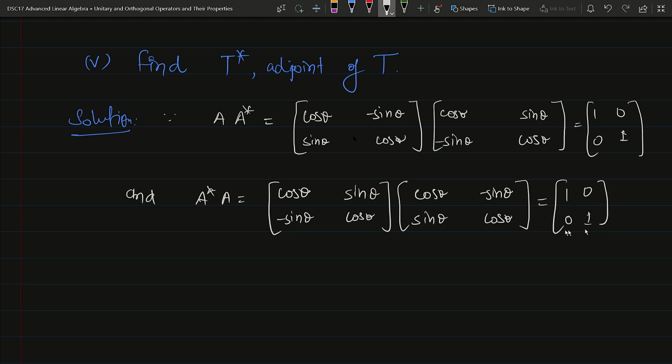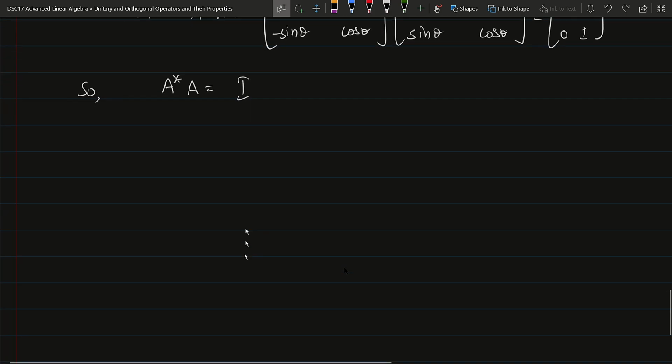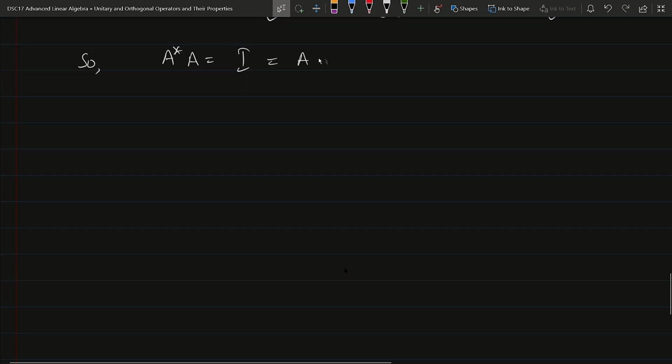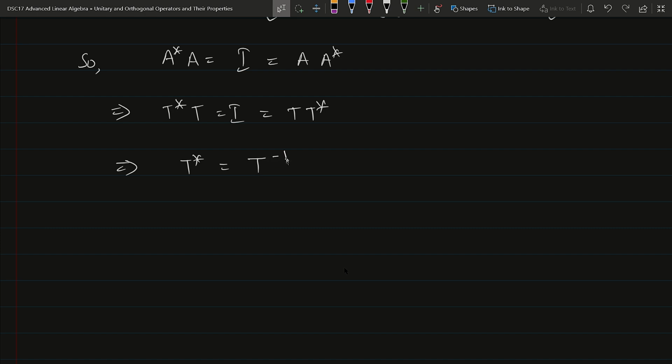Okay, so A star A is equal to I, and this implies that it is also equal to A A star. This implies that T star T is equal to I, that is equal to T T star, and this implies that T star is nothing but the T inverse.